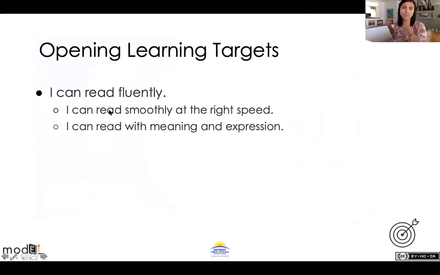I can read fluently. So remember those passages, the red, yellow, green, blue passages? So those were our timed passages. That's what we were testing for, fluency. So can you read it within a minute? How far can you read within 1 minute? So that's your fluency.